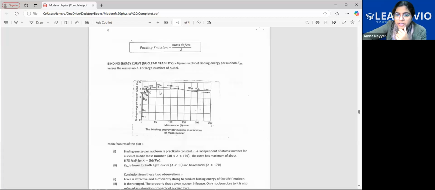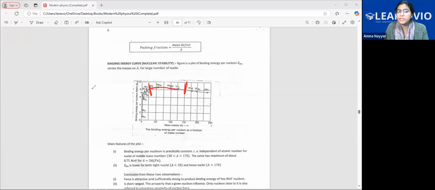So what was observed here? Two things are important here. One is that you can see for all those having mass number less than 30, like till 32 or even less than 30, and beyond 130, in between this segment, this part and this part, there is a relatively constant slope.